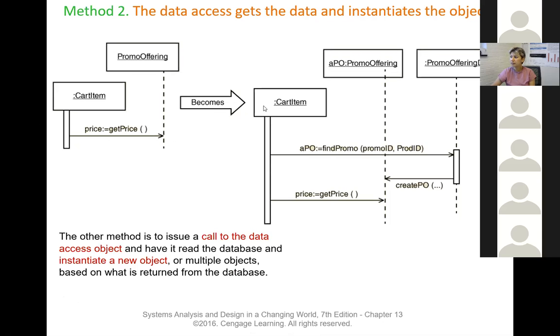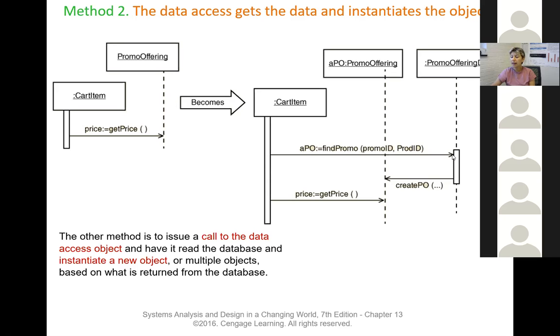The second method is saying that no, talk to the data access layer object, read the information first. So another object, which could be a controller or any related object, calls the data access layer object. See the arrow here from the cart item doesn't go to promotional offering. It goes to promotional offering data access layer object.